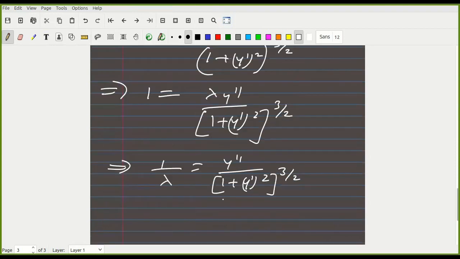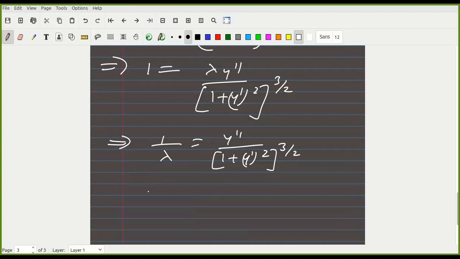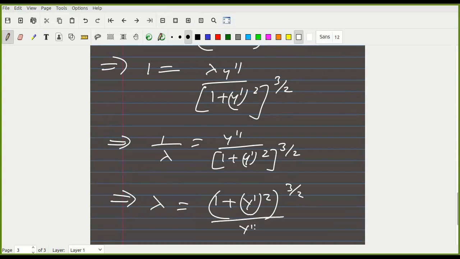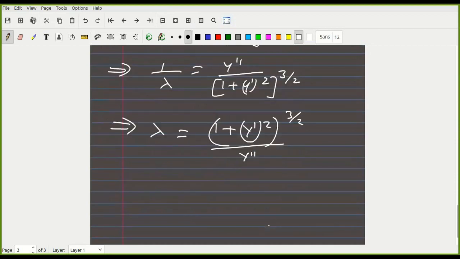So you see something very familiar here, that if you reciprocate this, it is 1 plus the derivative square, the whole power 3 by 2 divided by the second derivative. Doesn't it sound very familiar? This RHS is actually giving rise to simply the radius of curvature, of whatever that y is.